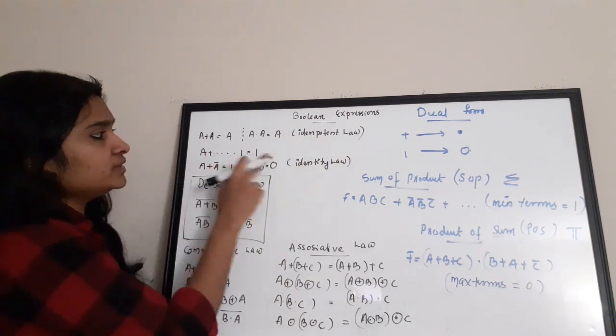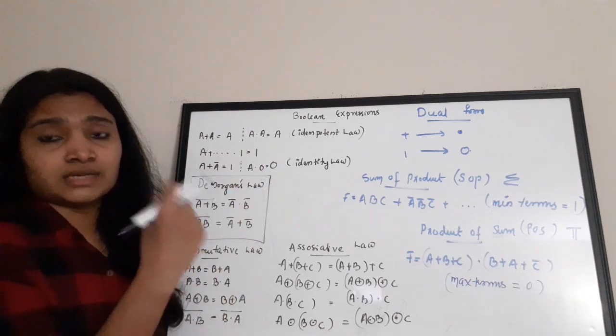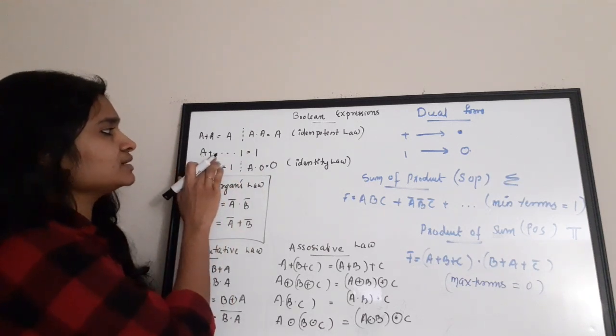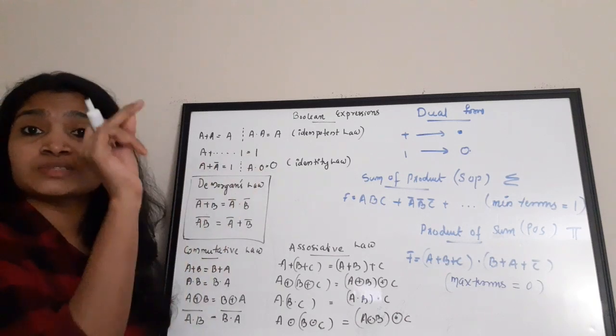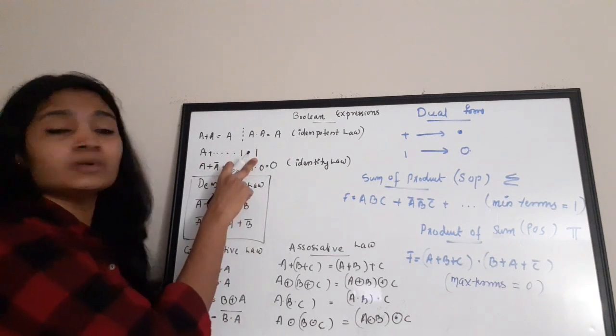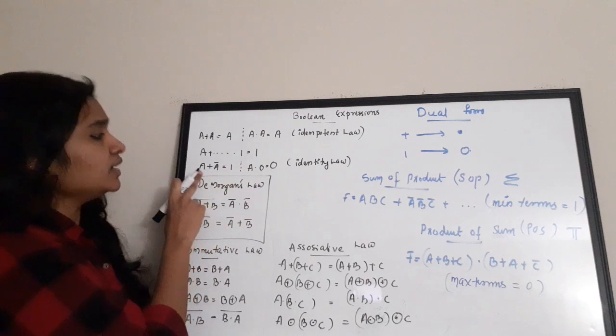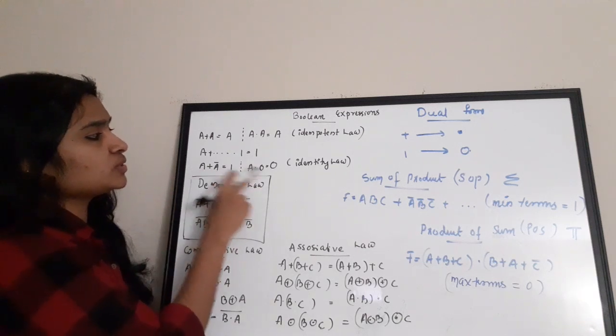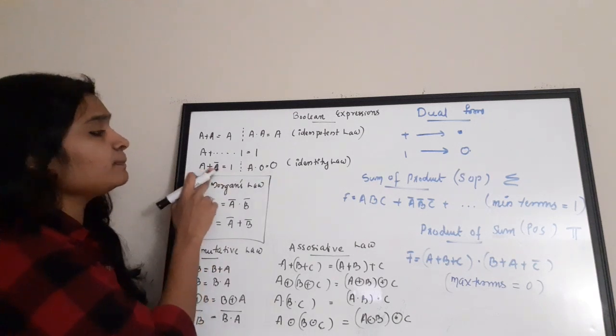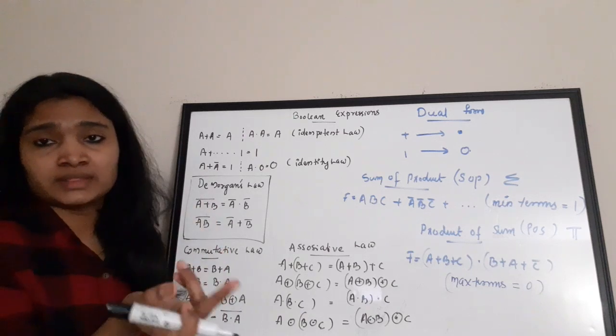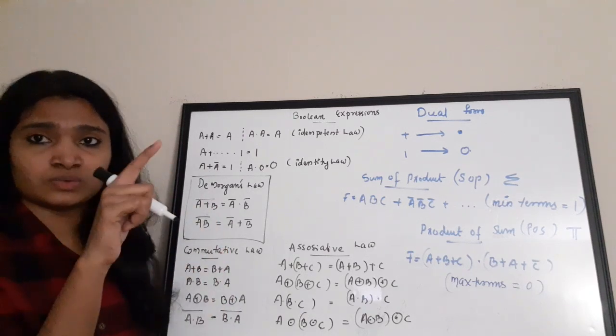Another important thing you need while simplifying Boolean expressions is A plus, consider that there are n number of variables, plus 1. The result will be equal to 1. And another 2 things you require for Boolean simplification are A plus A complement.